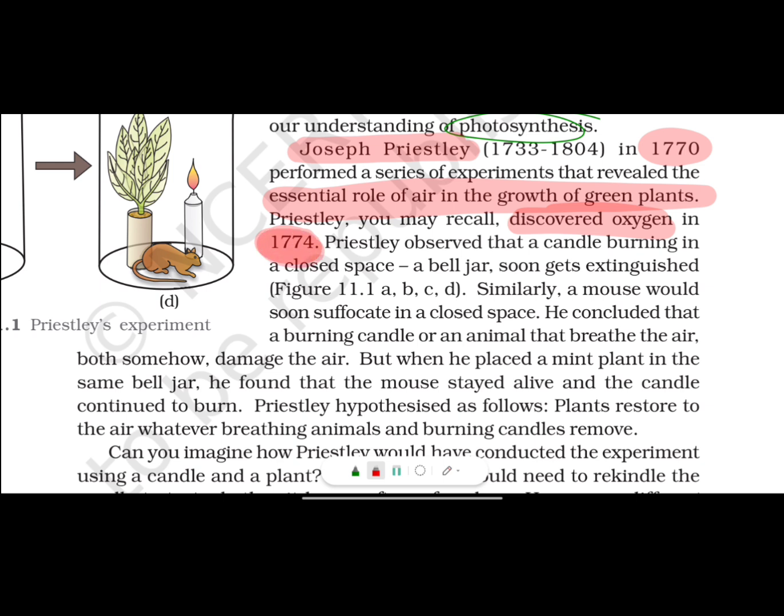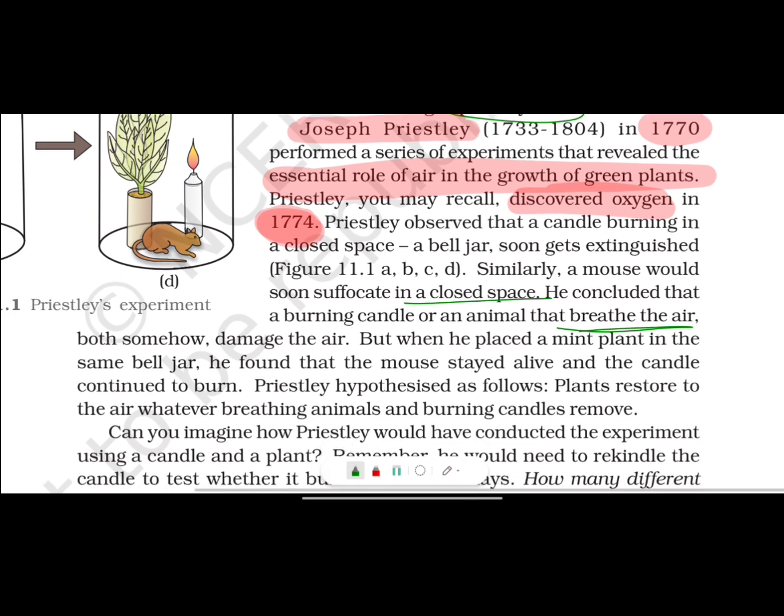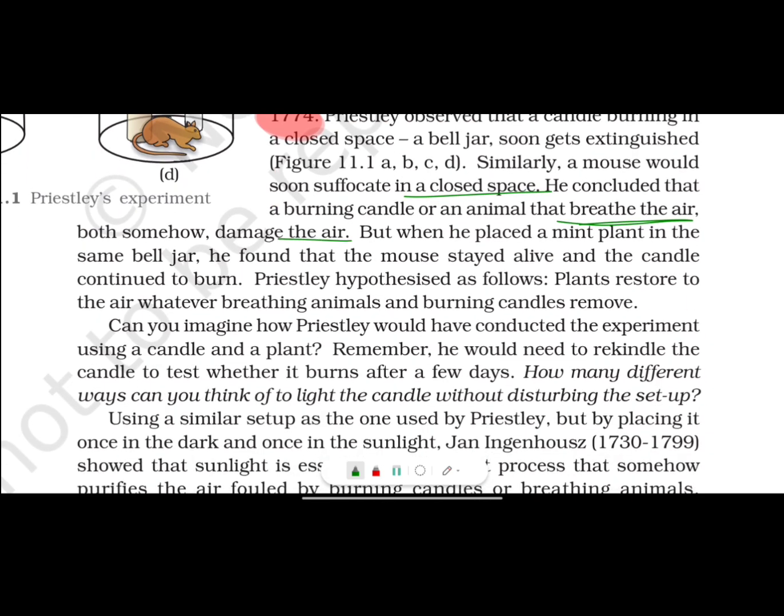Priestley observed that a candle burning in a closed space, a bell jar, soon gets extinguished. Similarly, a mouse would soon suffocate in a closed place. He concluded that a burning candle or an animal that breathed the air both somehow damage the air.